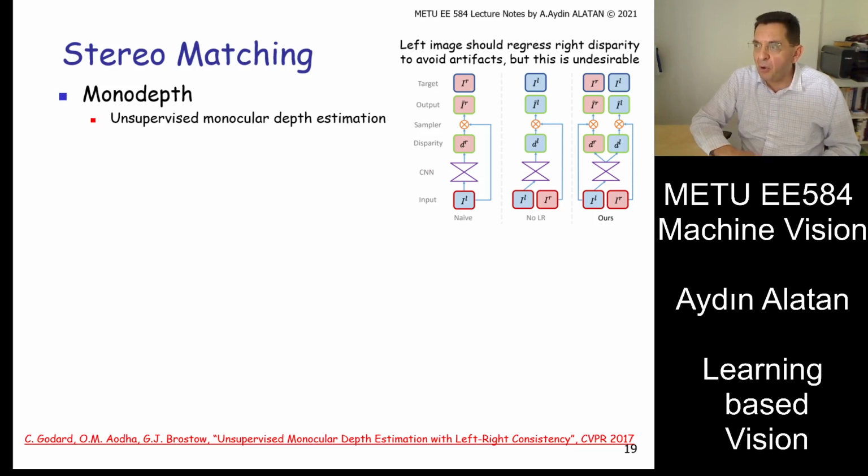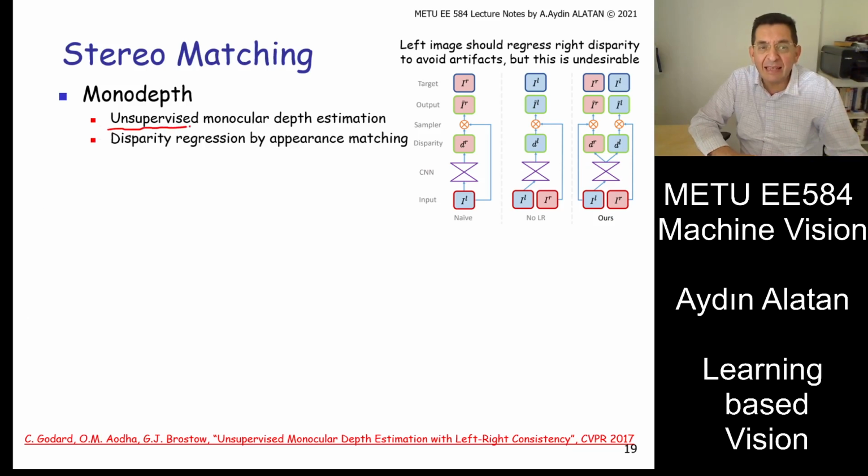But the interesting point here is, this monodepth algorithm basically achieves estimating of the stereo disparities using unsupervised data. Therefore, it does not use any ground truth information. That's very important because you can simply find and use stereo cameras everywhere and you can collect data very easily.